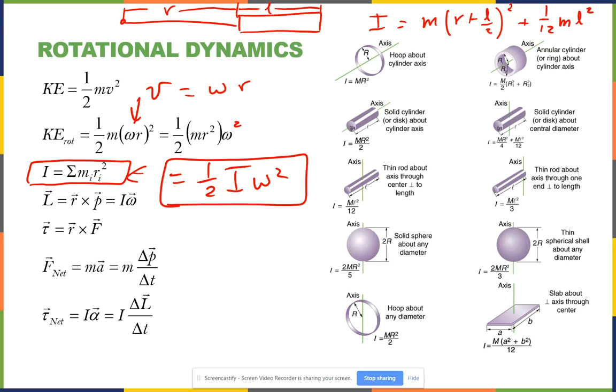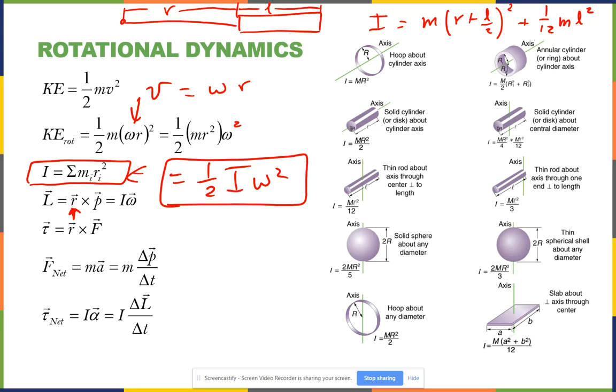The other form is r cross p. What does r stand for? Radius. That's the radius from the axis of rotation to where your little piece of mass is. And then what does p stand for? Momentum.